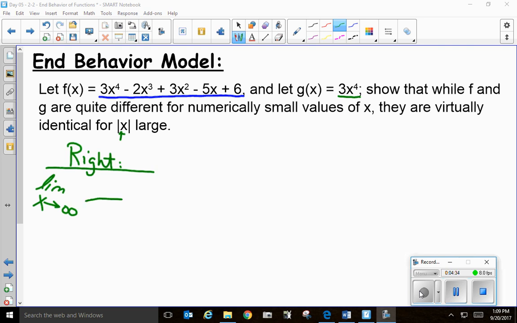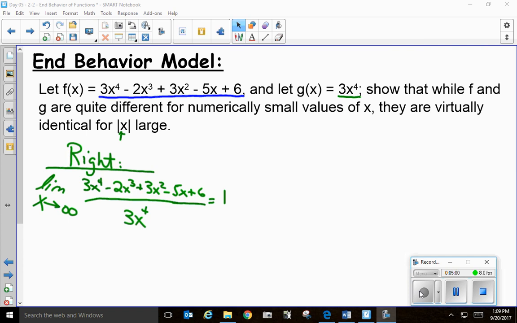Which would mean 3x to the fourth minus 2x cubed plus 3x squared minus 5x plus 6 all over 3x to the fourth. Now, if it is a right behavior model, that should equal 1. Let's check it out, shall we?